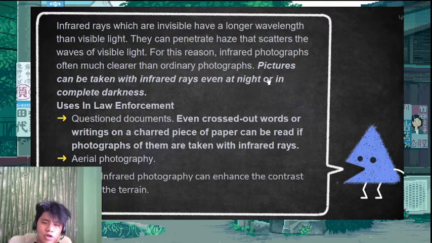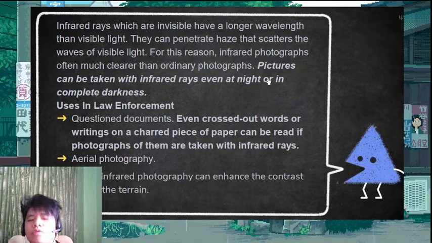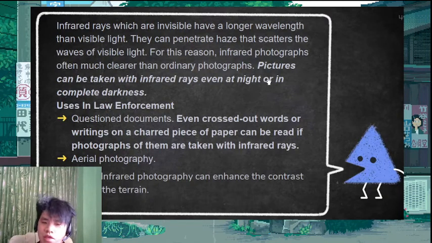So dito, questioned document, nakikita mo when using parang infrared camera. Parang infrared na improved na camera. May infrared film, may infrared filter. So, if you use that, you can picture kung ano yung mga na-crossed out, yung mga na-alter sa questioned document.